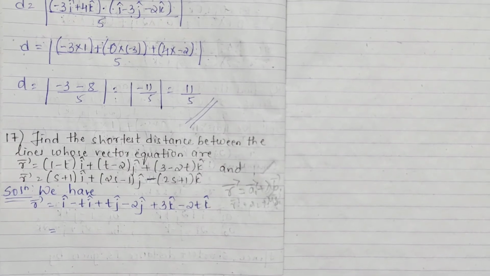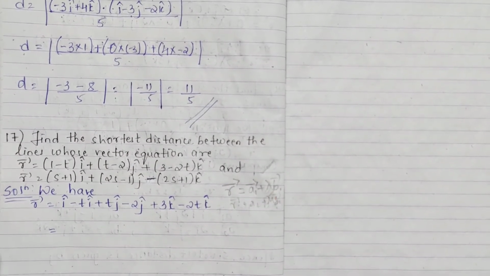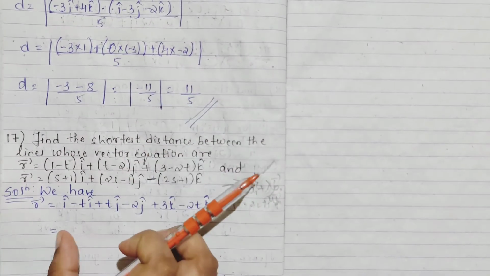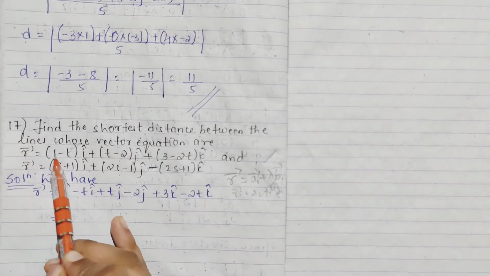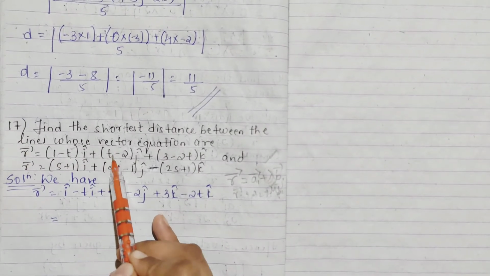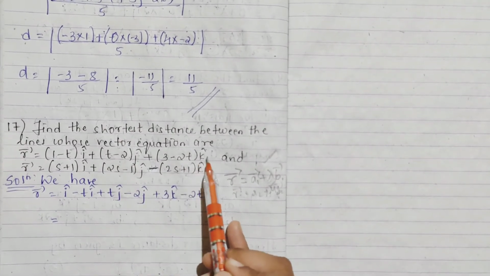So first we'll try to get the equation in our standard form. For that what we will do, I have not written the given, you write it once again, the given, multiplying it out: 1 into i cap minus t i cap plus t j cap minus 2 j cap plus 3 k cap minus 2t k cap.